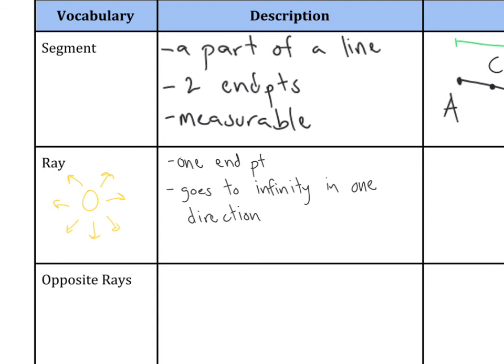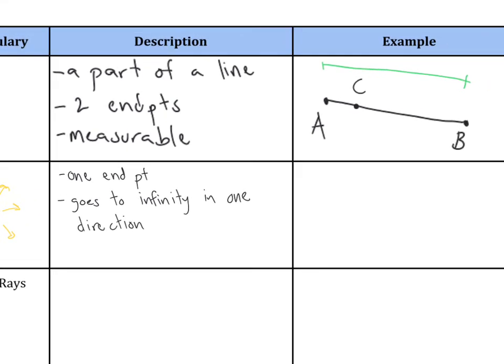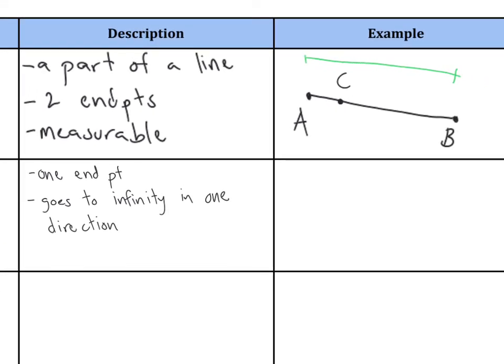Unlike a line, which goes into infinity in 2 directions, a ray only does that in 1 direction. So, in order to draw this, we of course have to start with our endpoint. So let's make ourselves a point. Let's go ahead and call this point D. And then it goes to infinity in 1 direction. So we need to draw a line with an arrow at the end to signify infinity.